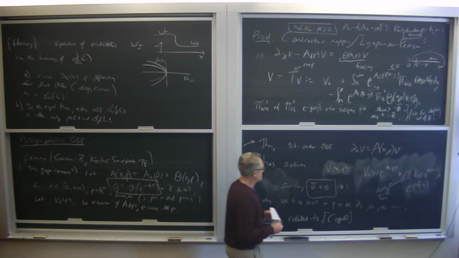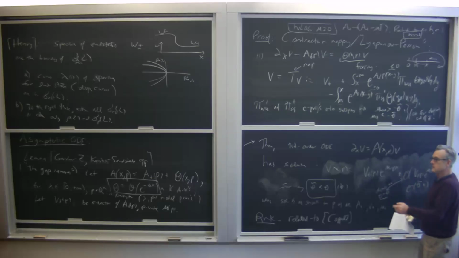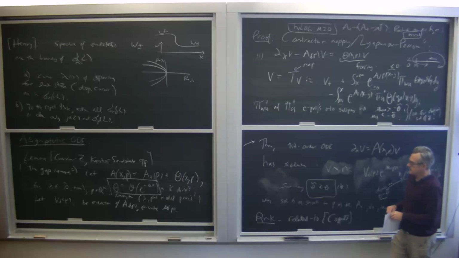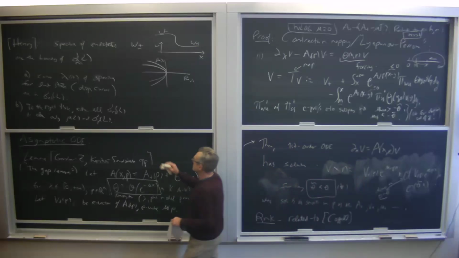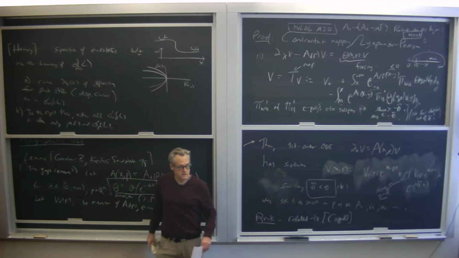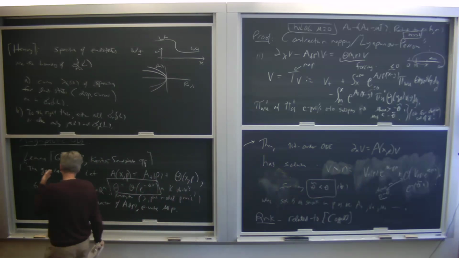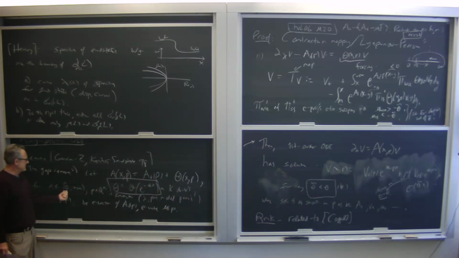Let's see. X is larger than m. Yes, I'm going out. I'm keeping only the very asymptotic part. What's V plus? The plus is just to indicate I'm on the positive half line.